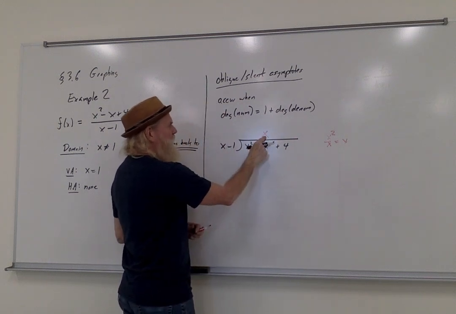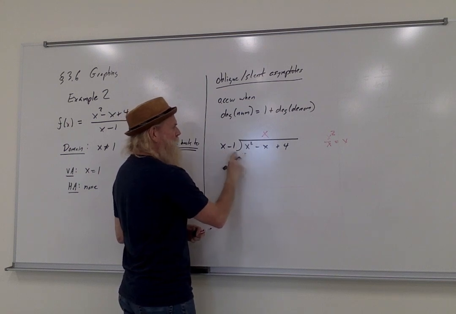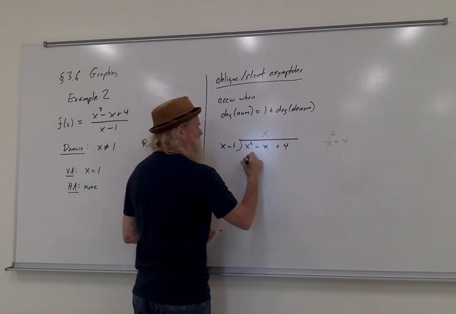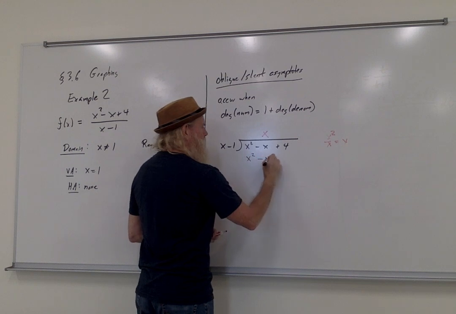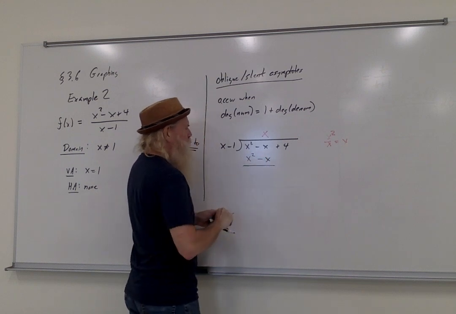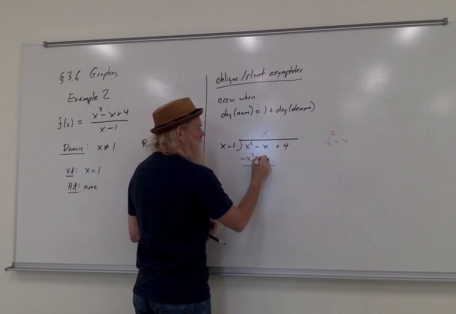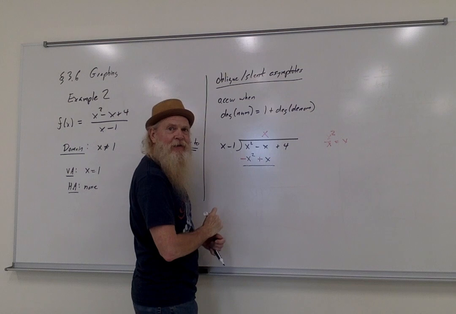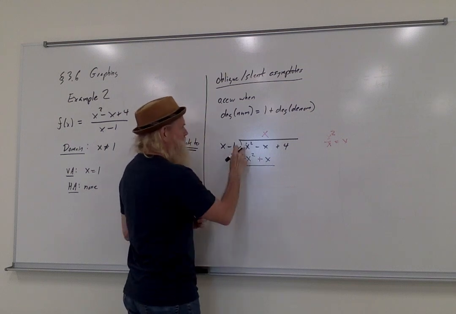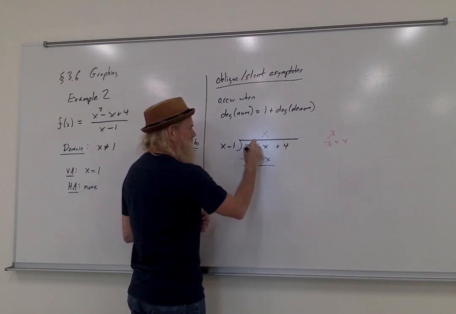I multiply x times x minus 1 and write the answer below. And then I subtract. To subtract this polynomial from the top polynomial, I need to distribute a negative 1. So I change the signs and then add. x squared minus x squared is 0.